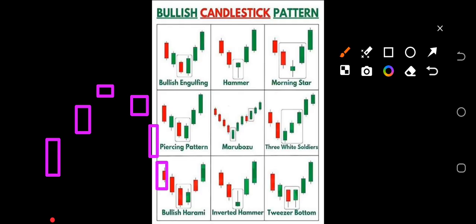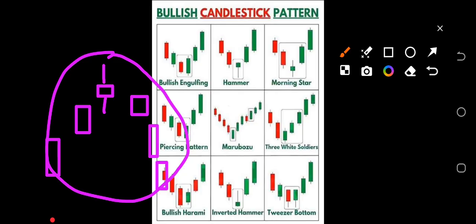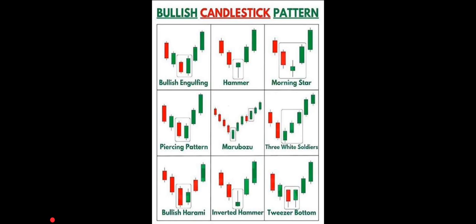So an evening star will look like this, so you can see what I'm drawing clearly. You can see the morning star is the opposite of the evening star, or the evening star is the opposite of the morning star. The evening star will appear at the top of an uptrend, the morning star at the bottom of a downtrend.